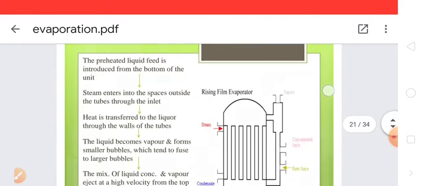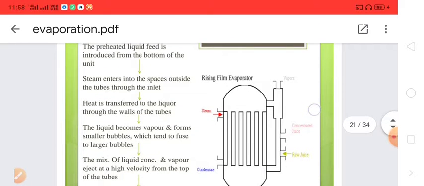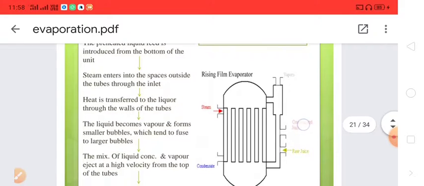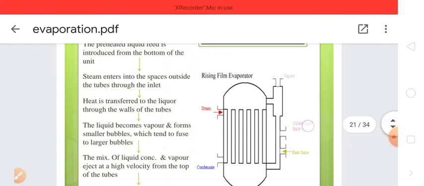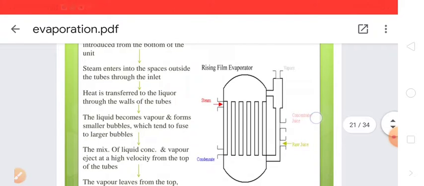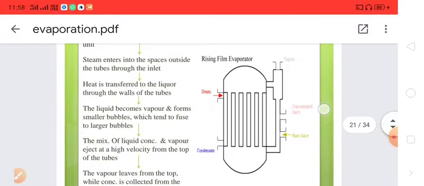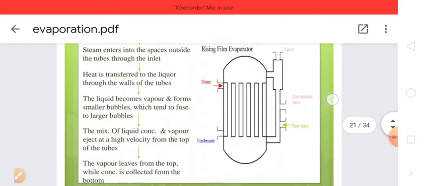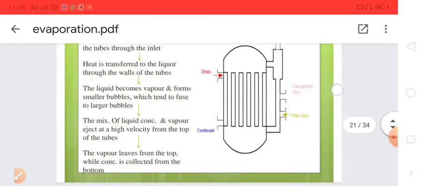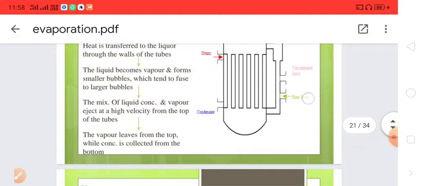Now come to the process. Just relate the process with this given figure. The preheated liquid feed is introduced from the bottom of the unit. Next, steam enters the space outside the tubes through the inlet. Next, heat is transferred to the liquid through the wall of the tube.